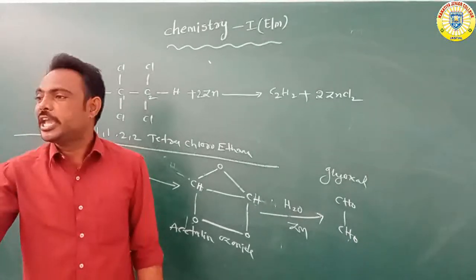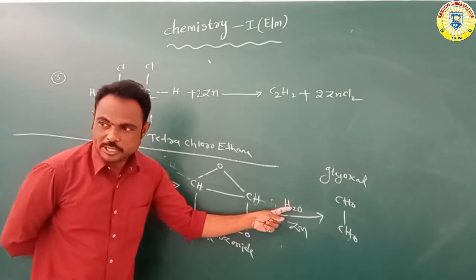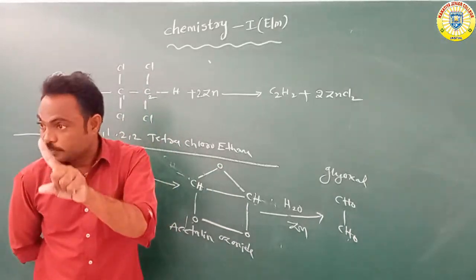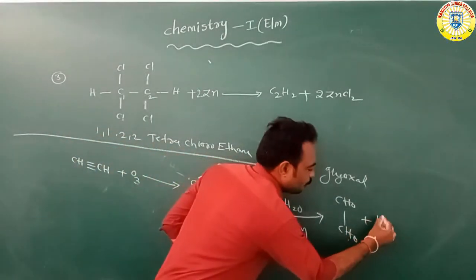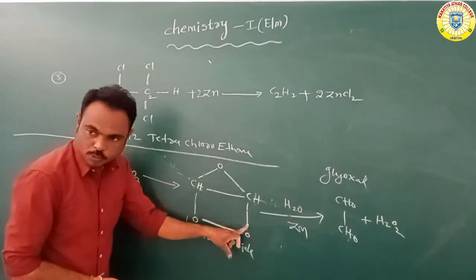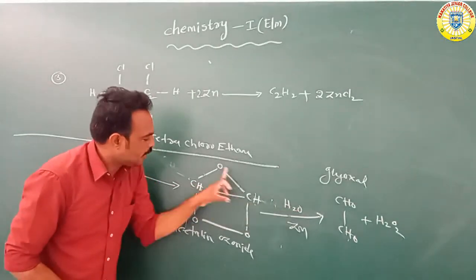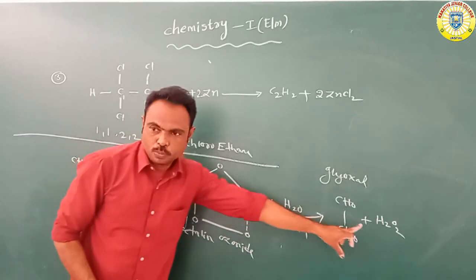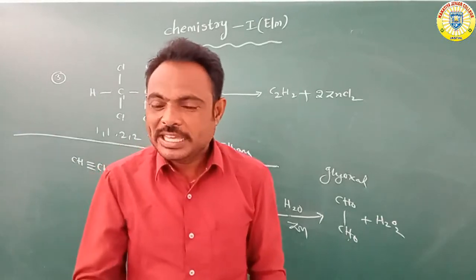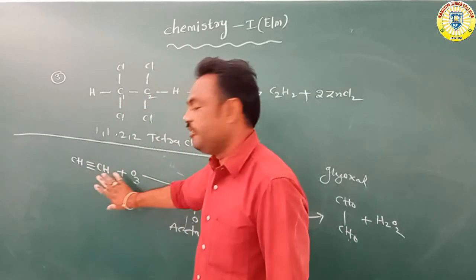CHO bond CHO. So remaining we have addition of H2O, water molecules H2O and 1 O, H2O2. So zinc is catalyst. What is catalyst? To increase the rate of reaction. It is very important.